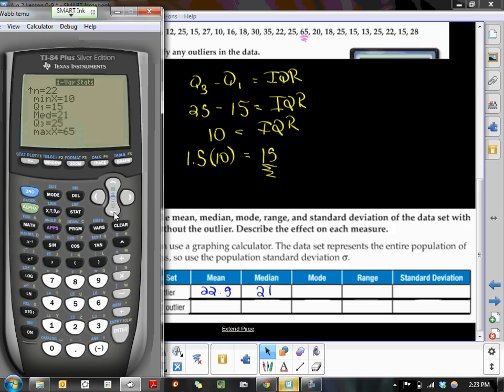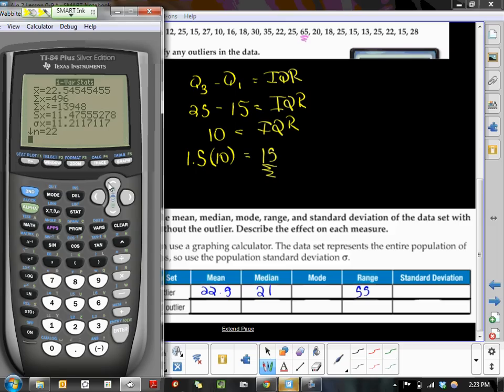The range has got to be the difference between the max and the min, so that's 65 minus 10. That is 55 for the range. And standard deviation, the only thing we have to decide is whether this is population or sample. Since it looks like a reflection of the entire class, we're going to use the population standard deviation, which is sigma x, which is 11.21.